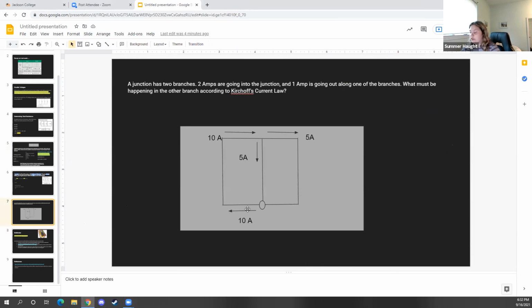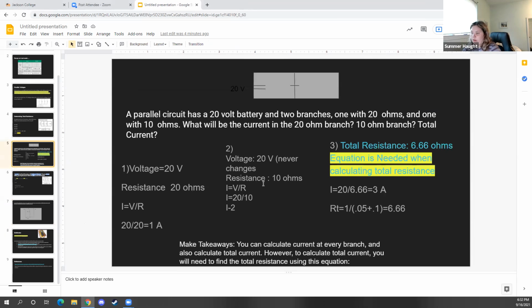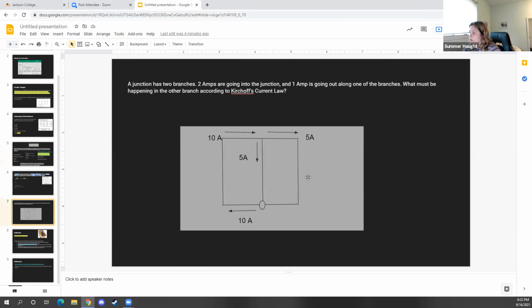It's the same example of what I just did. At that branch, we had some going 1 amp, right here we had some going 2 amps, and then they met back up and went 3 amps. So that's the main idea.